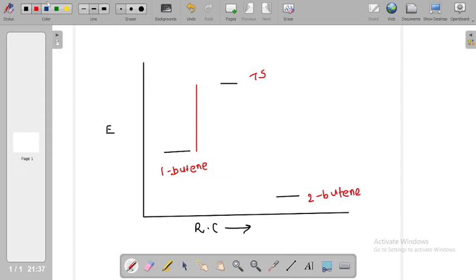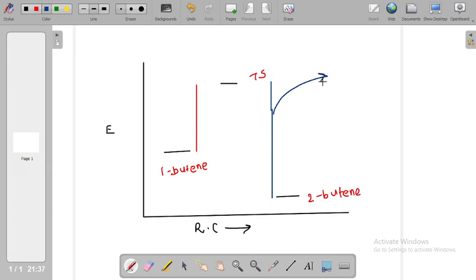So we can see the energy difference between the transition state and 1-butene is this one, and the energy difference between the transition state and 2-butene is this one. Where is the energy difference larger?